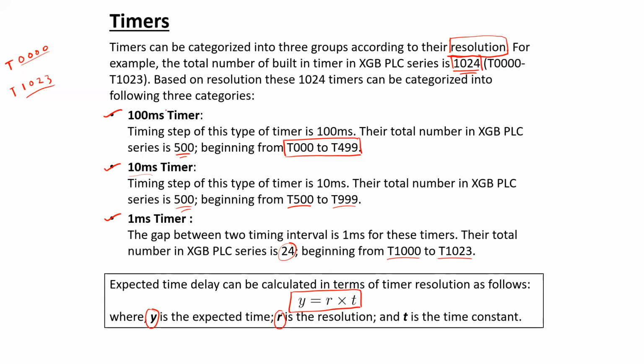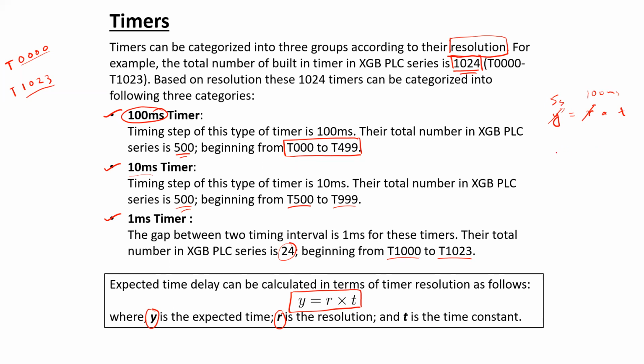For example, using a 100 millisecond timer, you want to generate a delay of 5 seconds. So your y is equal to 5, R is equal to 100 millisecond, and T, the time constant, you have to set accordingly in order to obtain this 5-second delay.